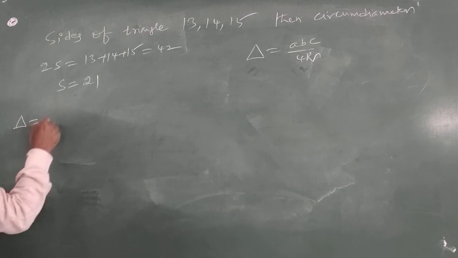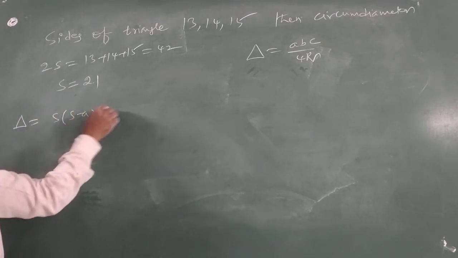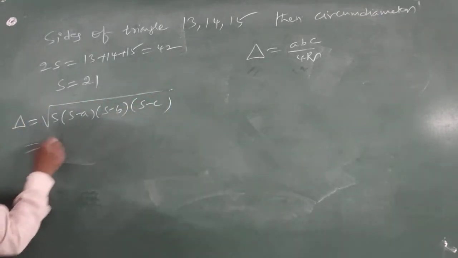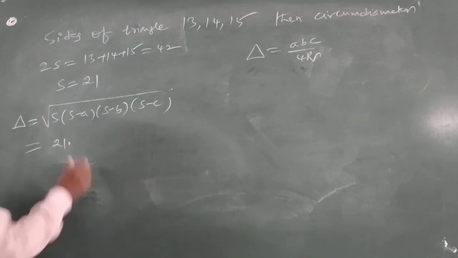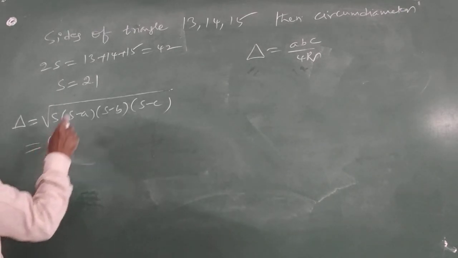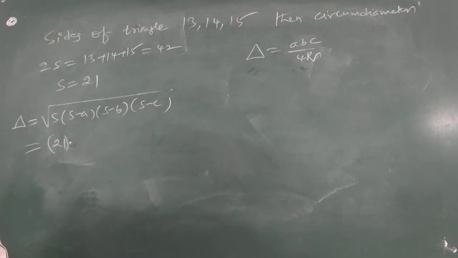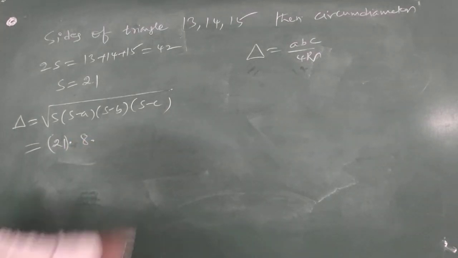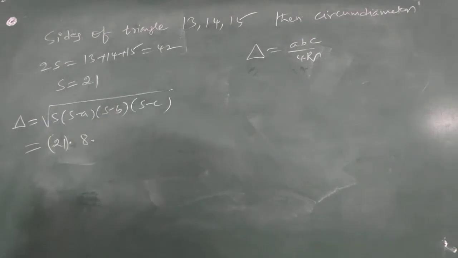Now we find delta, the square root of s into s minus a, s minus b, s minus c. s is 21. 21 minus 13 is 8. After that, 21 minus 14 is 7. And 21 minus 15 is 6.